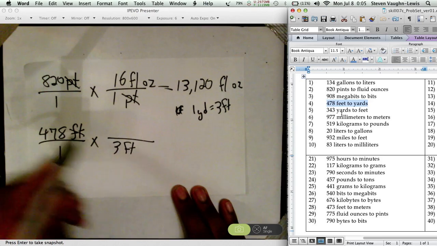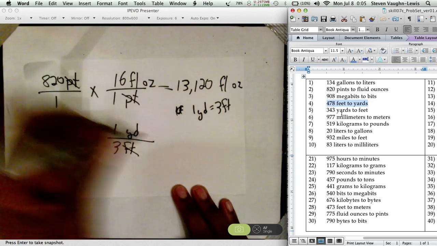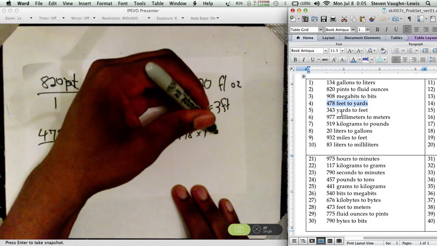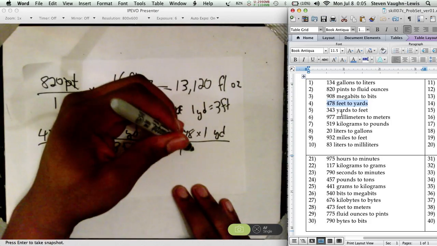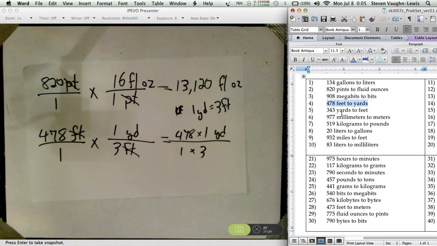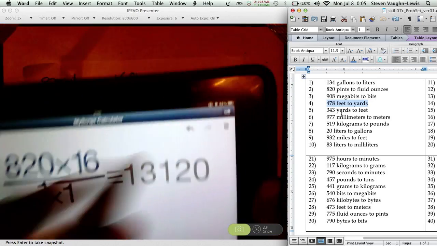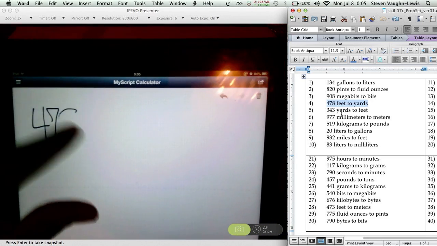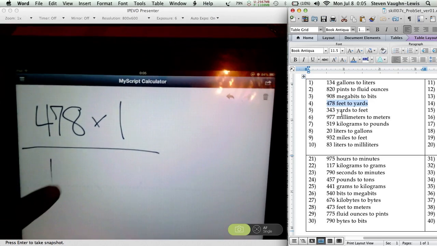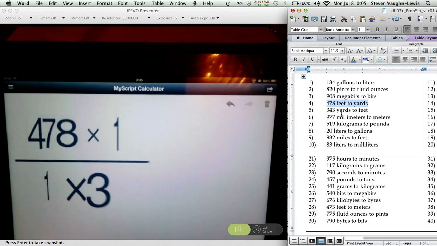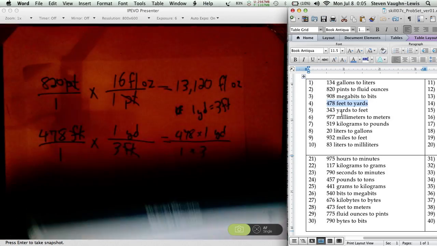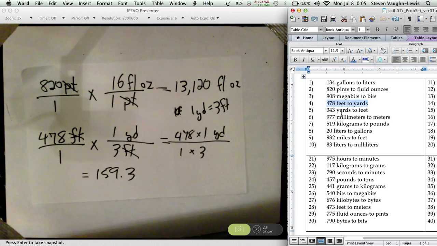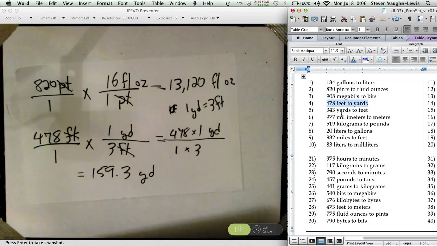That lets it cancel. 1 yard, and 478 times 1 yard divided by 1 times 3. I will take my calculator and go 478 times 1 divided by 1 times 3, and that will give me 159.3. 159.3 what? Yards, because that is the unit that I'm left with.